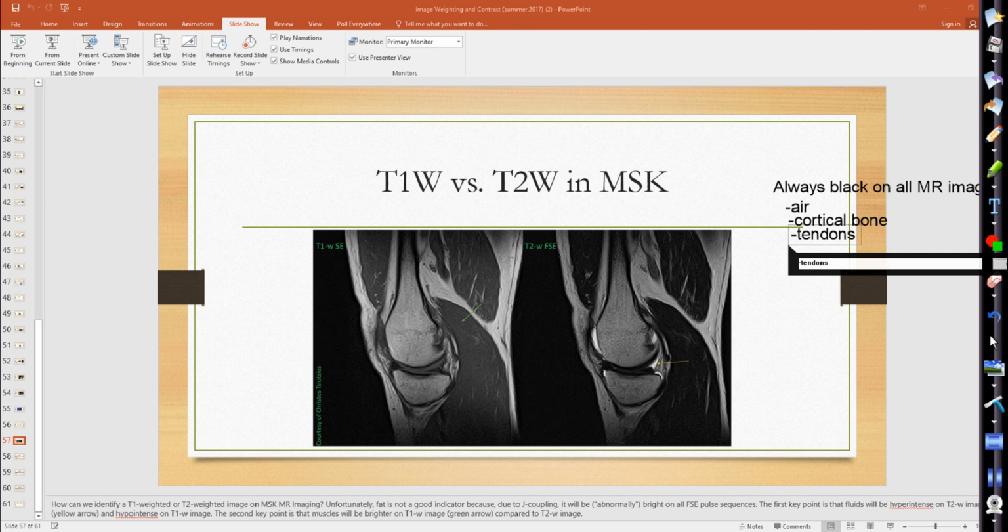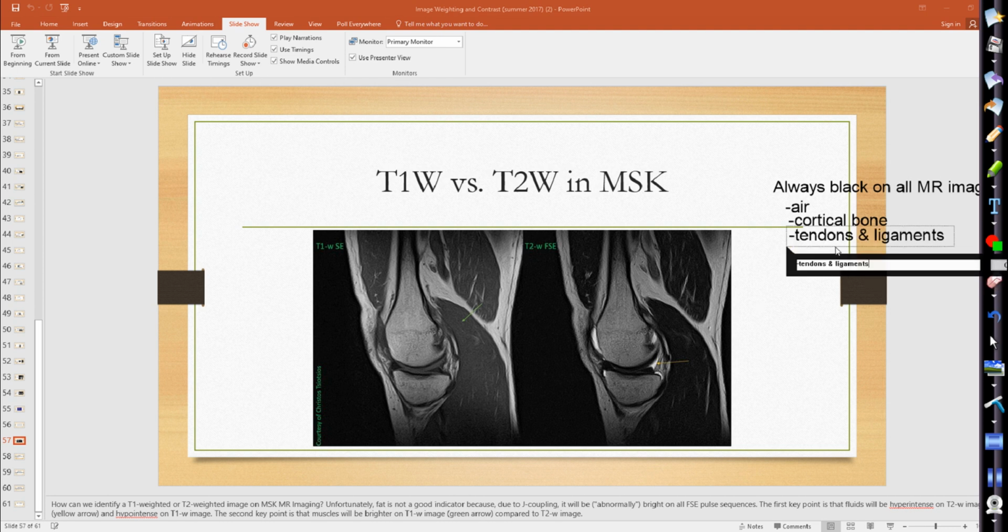Tendons and ligaments. You can see a little bit of the PCL right here. That's a ligament.